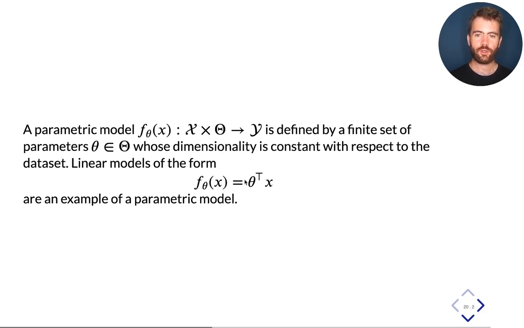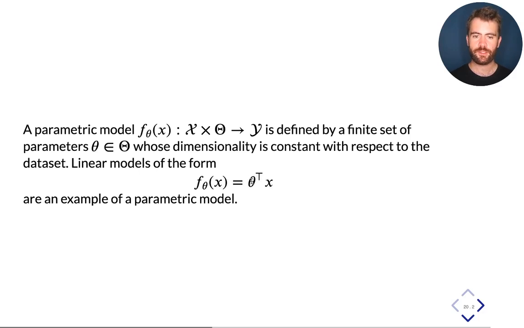Now, these are parametric because we have this set of parameters, but more generally, you can think of this model as having a fixed number of degrees of freedom, or more generally, you can think of the class of these linear models as having a number of degrees of freedom.